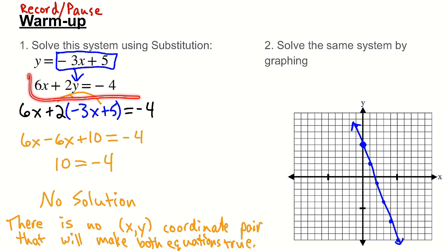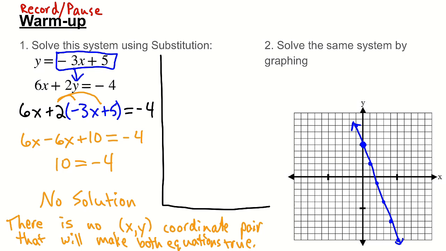Now we're going to graph this 6x plus 2y equals negative 4. The way we're going to do that is we're going to plug 0 in for x to find the y-intercept and 0 in for y to find the x-intercept. So let me make some room here. We're going to find the x-intercept first by plugging 0 in for y.